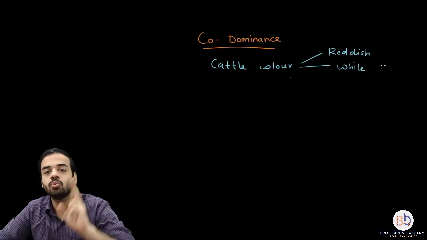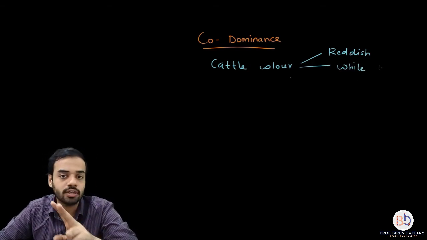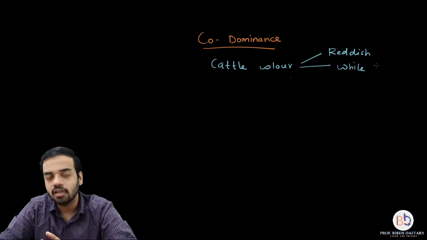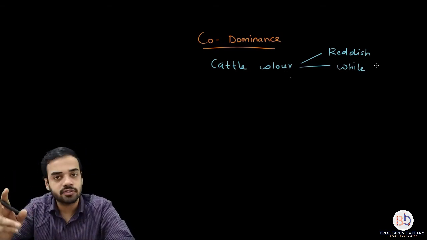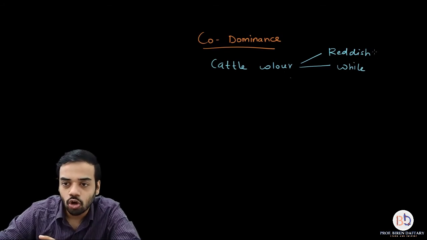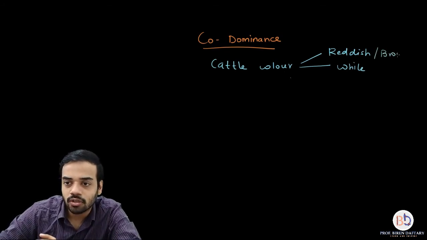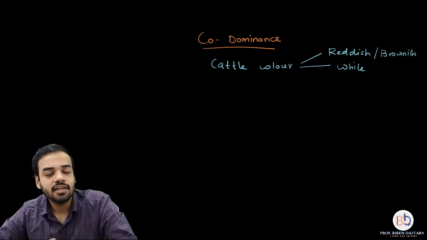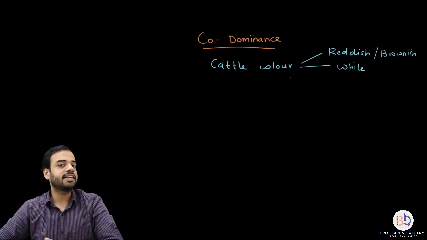So these are the two types of cattle coat color. What I mean by cattle color is the fur which is present on the cattle. We are going to take two colors. First is going to be a slightly reddish, or I can over here write down slightly reddish brownish color, and the other type of cattle that I'm going to use is going to have a white colored fur.